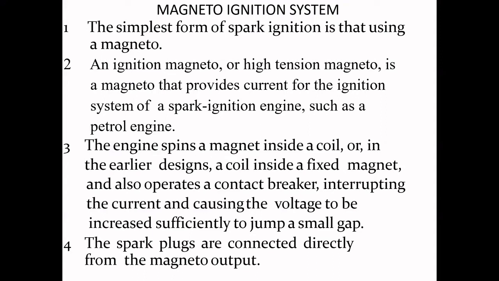The timing cam, directly connected to the magnet, is set in such a way that once the current in the primary winding reaches a maximum value, the breaker point opens. This is the difference between the magneto ignition system and the battery ignition system.